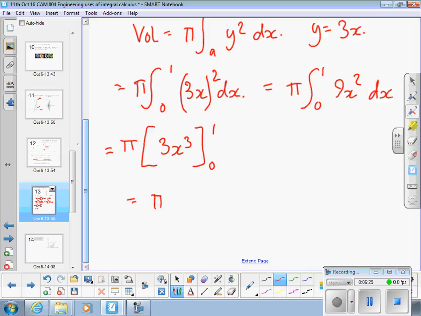So that's pi times 3 times 1 cubed, oh, hang on, no. Minus pi times 0, because that's going to be 0 when x is 0, isn't it?